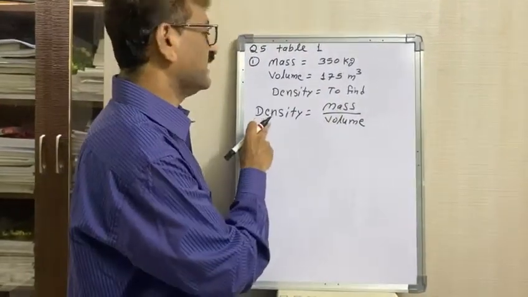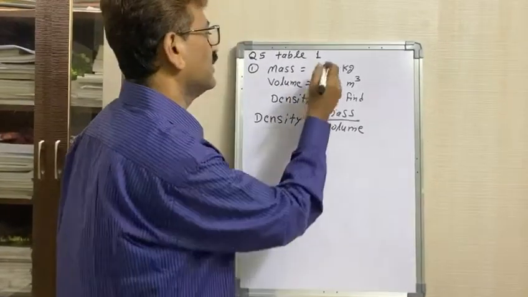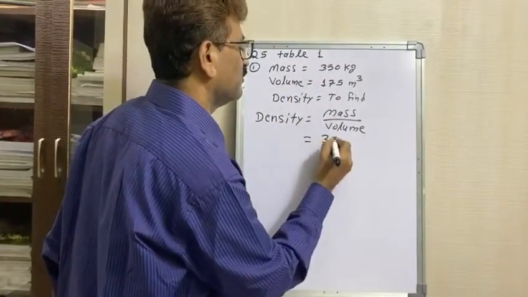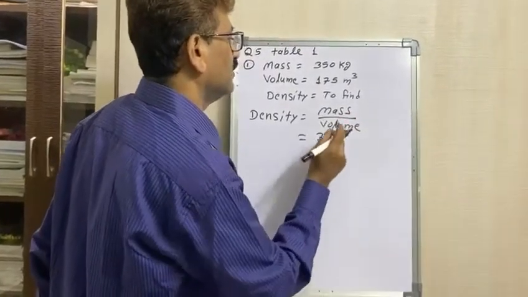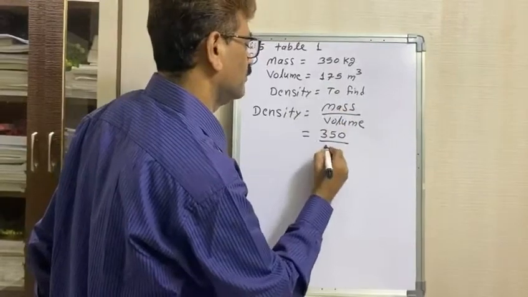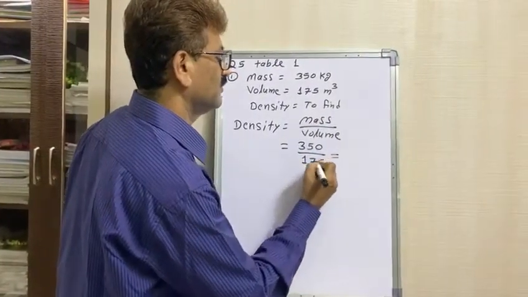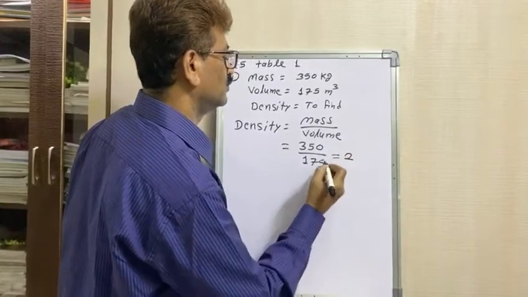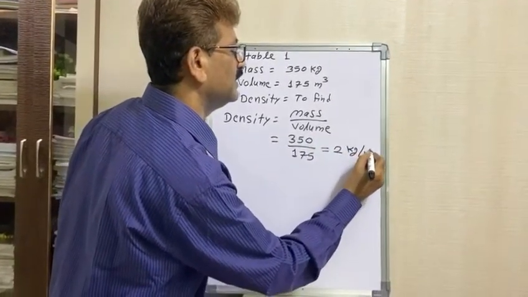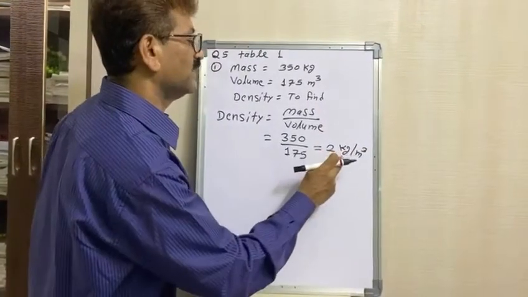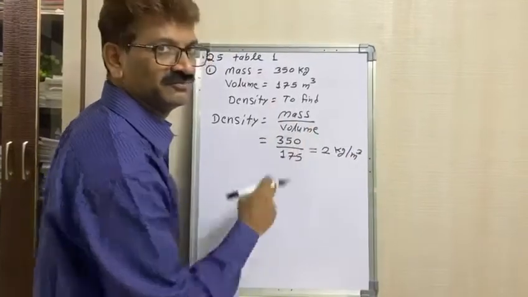Now we have to put the values. The value of mass is 350 and the value of volume is 175. So by dividing, what is the answer? 2. So what is the unit? Kg per meter cube. Kg is the unit of mass and meter cube is the unit of volume.